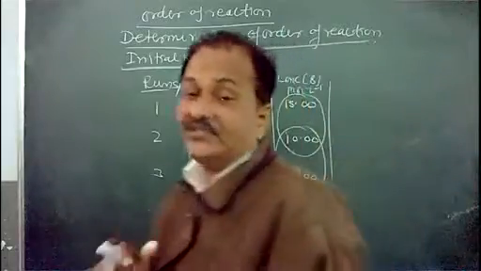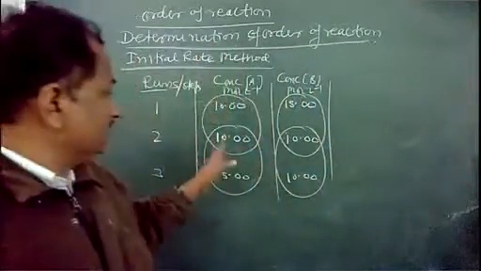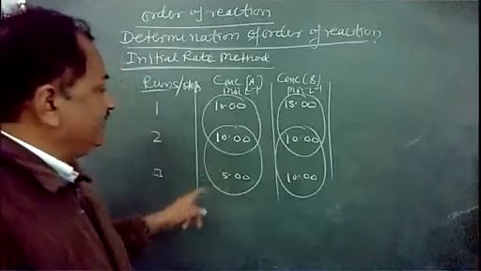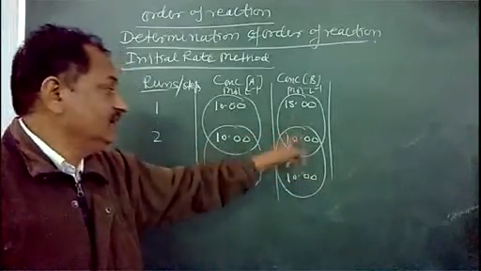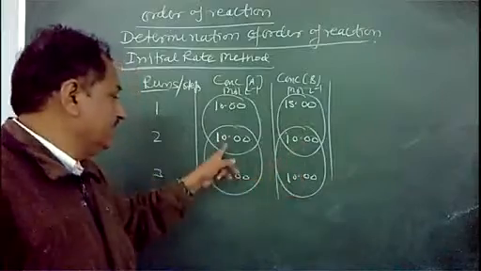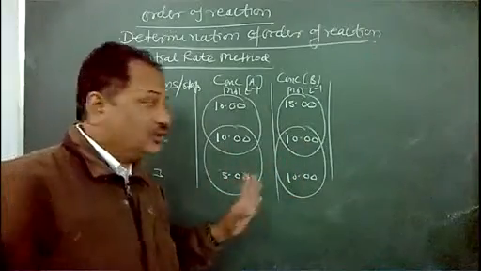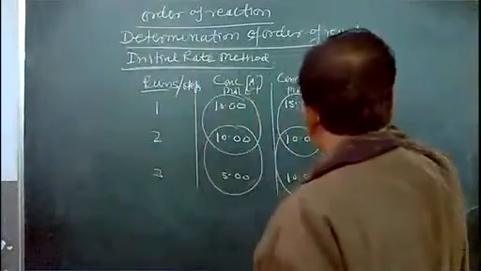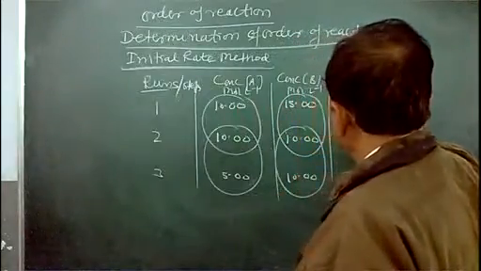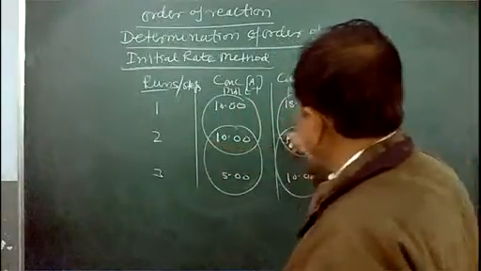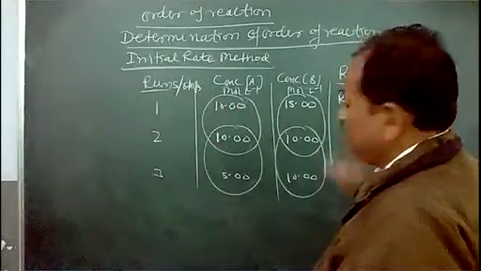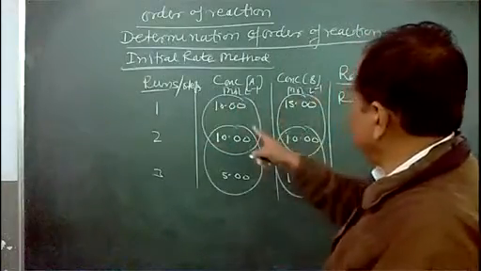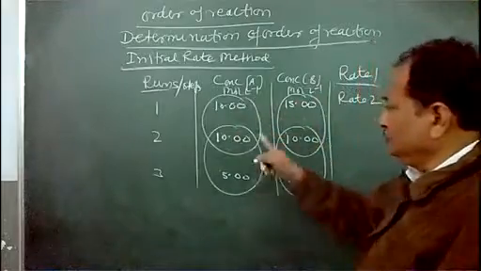So we search for it. And here you see 15 has decreased to 10. Here 10 has decreased to 5. And so we divide. So rate 1 by rate 2.